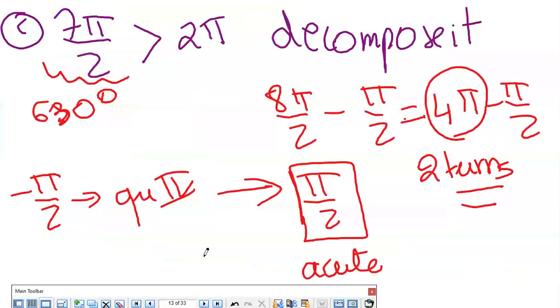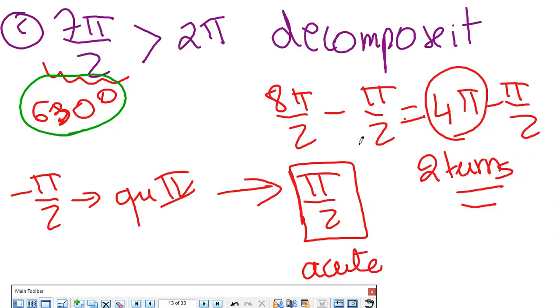Move to part C, 7 pi over 2. If I use my calculator, it gives me 7 times 360 over 2, which is 630 degrees. It means it's more than a whole turn, bigger than 2 pi. So perhaps I did 2 turns and then the angle, so I need to decompose it. You need to think about the nearest number to 7 that, divided by 2, gives an even number. So it's 8. I cannot think about 6 because 6 over 2 gives me 3 pi and it's odd, not a whole turn.